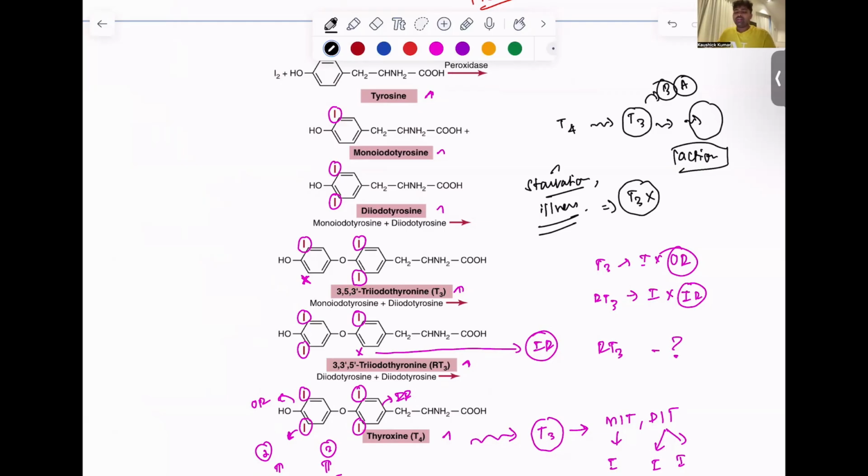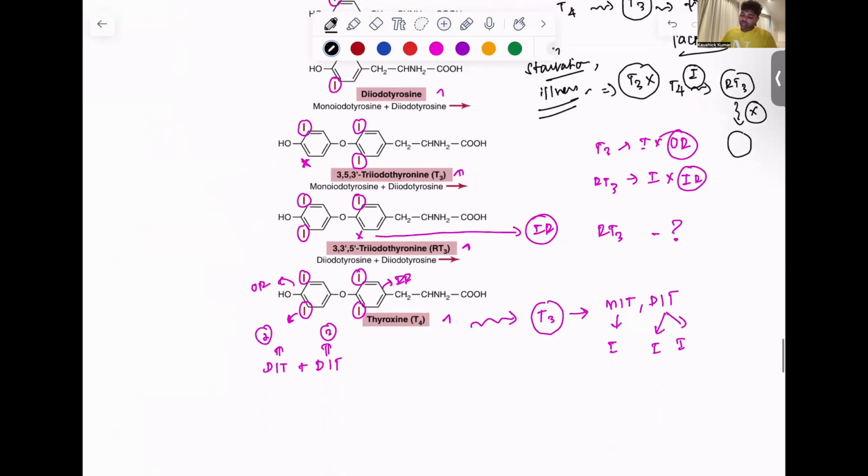In case of starvation and illness, you want to conserve as much energy as possible. So in this case, when T4 loses one iodine from the inner ring, it becomes reverse T3. This reverse T3 cannot enter the cell and cannot exert its action. So that is why reverse T3 is produced.